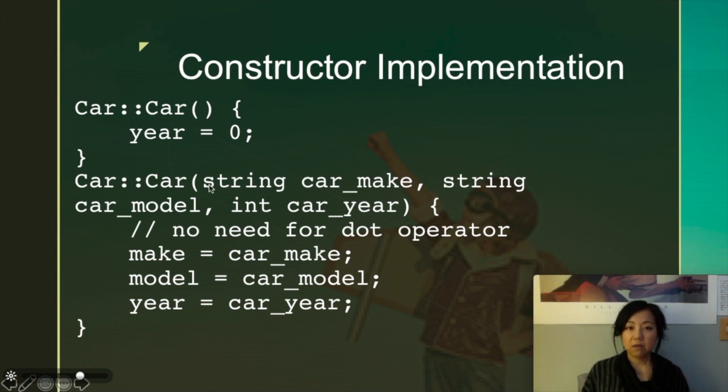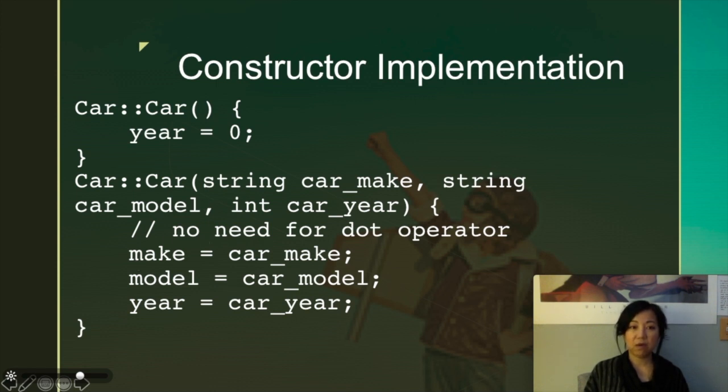And then the other constructor that we have defined is the one that will take in 3 parameters. You can see when we set up the values for the private members, we don't need to use the dot to access them, because we are within the class itself.